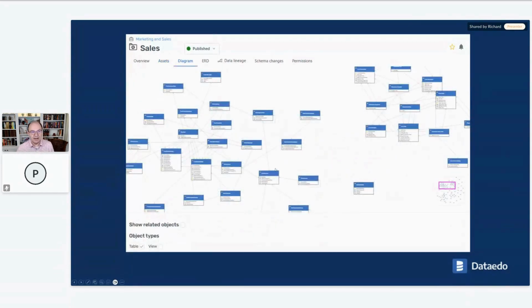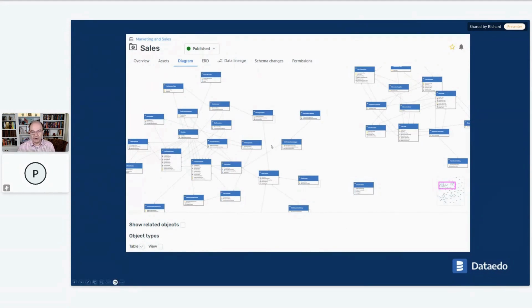The next tab here is the Diagram tab. This presents to us a relationship diagram of all of the objects or tables in this case, right there, all of the tables that are linked to this subject area. Now, you may notice there are some clusters here, and that's on purpose because we have linked objects from different databases.